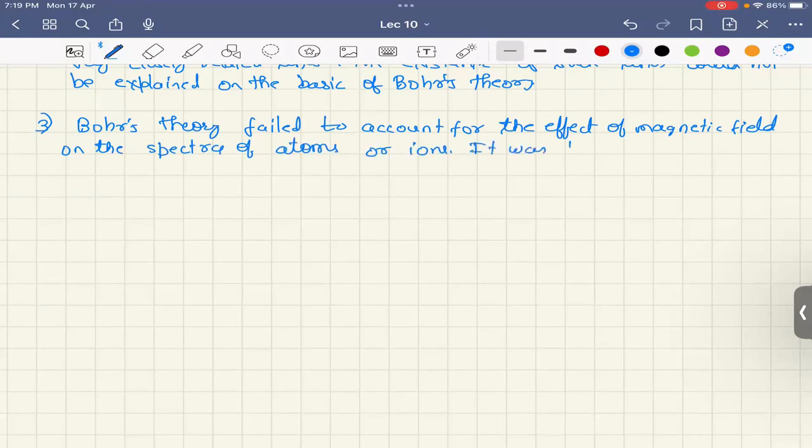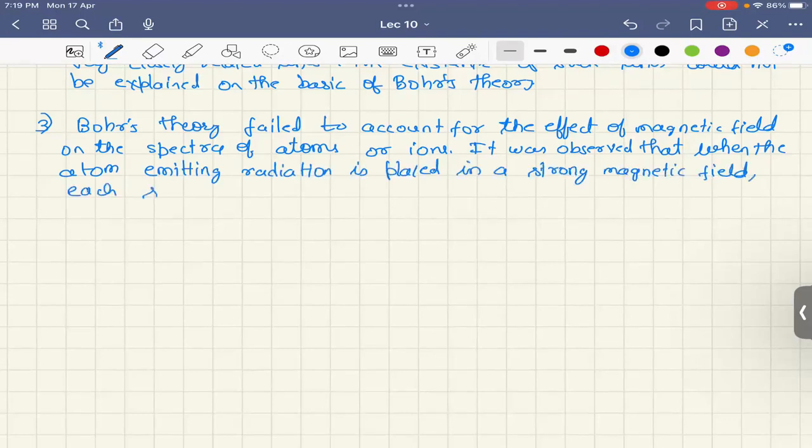It was observed that when the atom emitting radiation is placed in a strong magnetic field, each spectral line is further split into a number of lines.